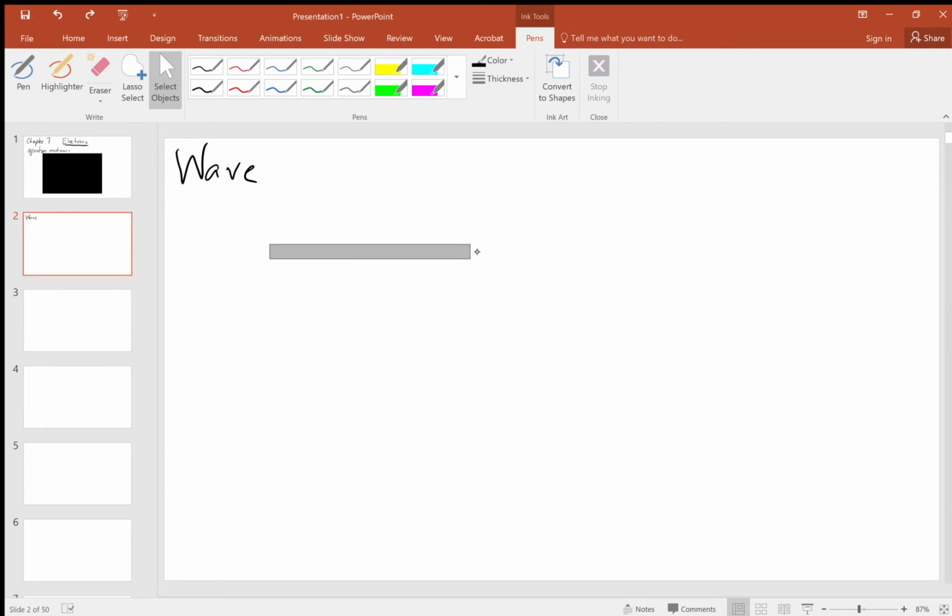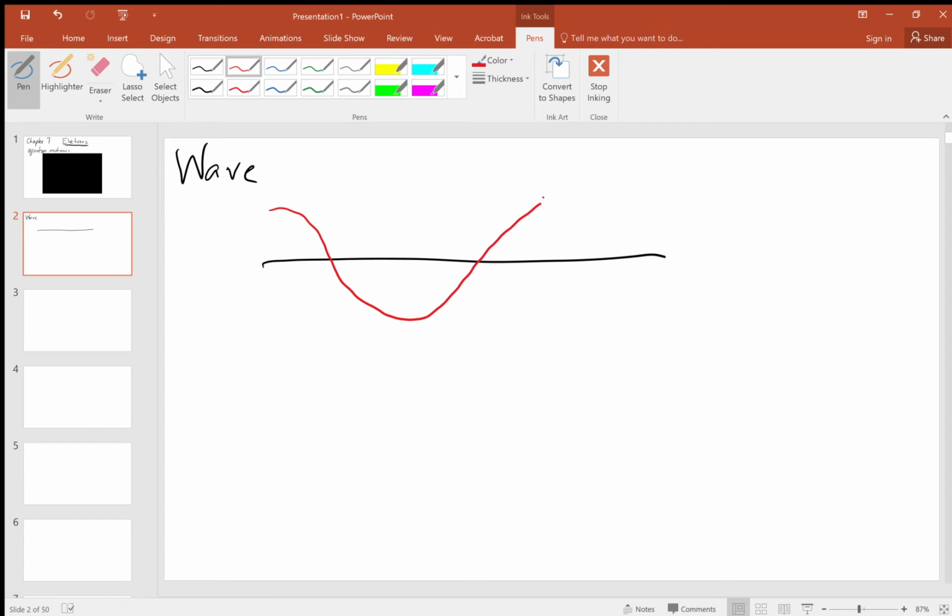So if here's a line, and we'll draw our wave in here in red. And the waves continue like that, sort of indefinitely. And we can label a couple of key points. The bottom is what we call the trough, and the peak is up at the top.